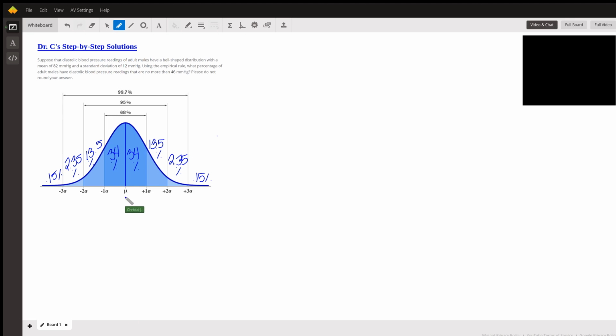The quicker way to do this is to start with the mean. The mean is always in the center, so that goes here, and you can just subtract and add 12. So 82 minus 12 is 70, minus 12 is 58, and minus 12 is 46.